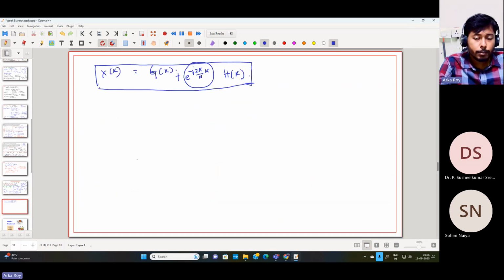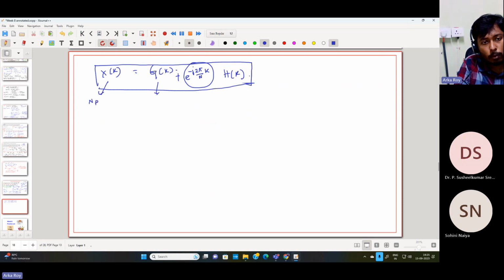For that, let me exploit the butterfly structure to get the DFT representations. Initially it was an n point DFT, but these are individually n by 2 point DFTs.